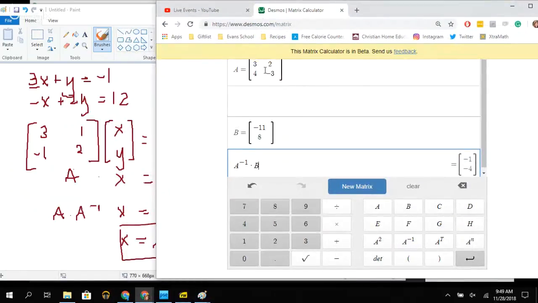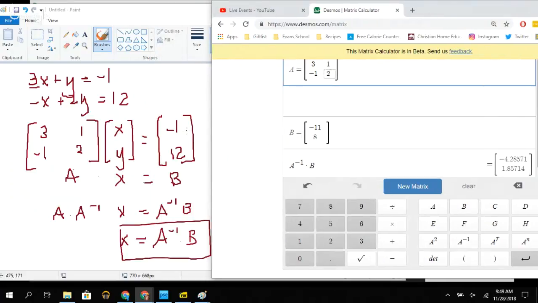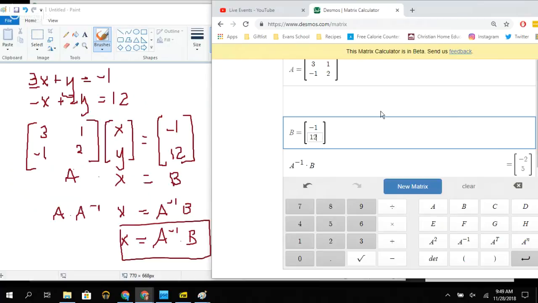So for this particular one, A is going to now be 3, 1, -1, 2, right? That's my new A. And B is -1 and 12. Okay.